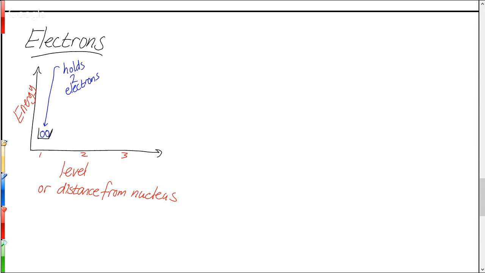The second level is going to be higher in energy, further away from the nucleus, and it can hold more electrons. So the second level holds 8 electrons. And then the third level is a little bit higher. We're going to say it also holds 8 electrons.